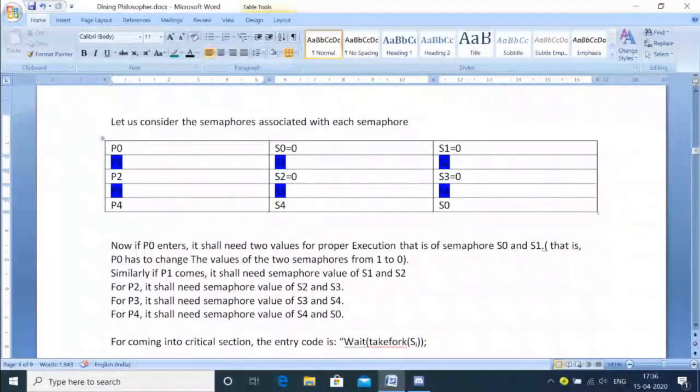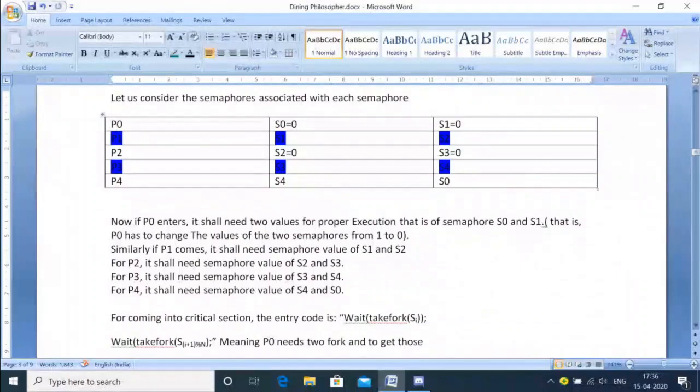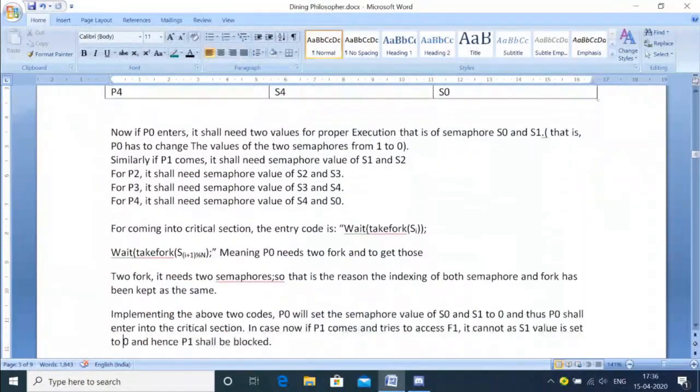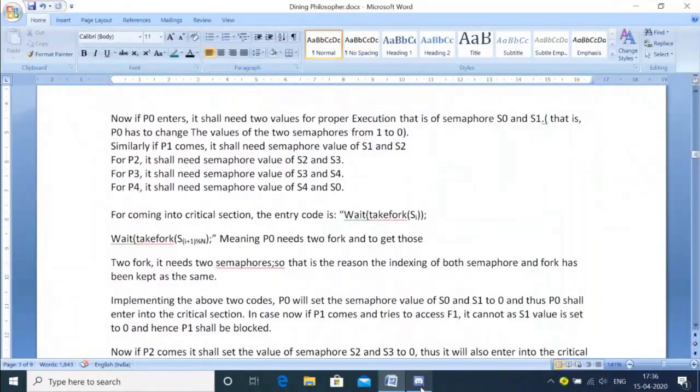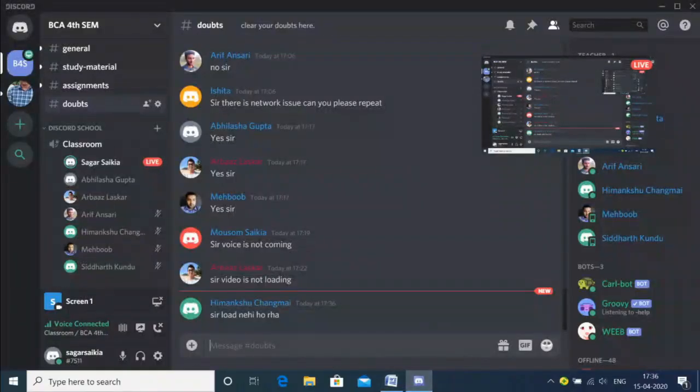But if P0 has entered the critical section, can P2 also enter in the same period of time? Is it possible? Tell me. What do you think? You can be wrong, but you can try.